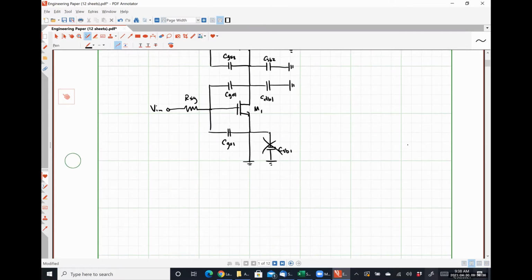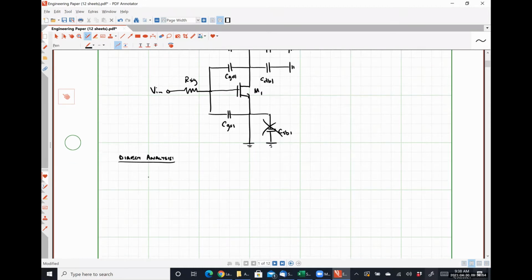So I can draw a small signal model for this guy. We're first going to analyze it directly. And so my small signal model is going to look like this, where we are ignoring any channel length modulation effects.